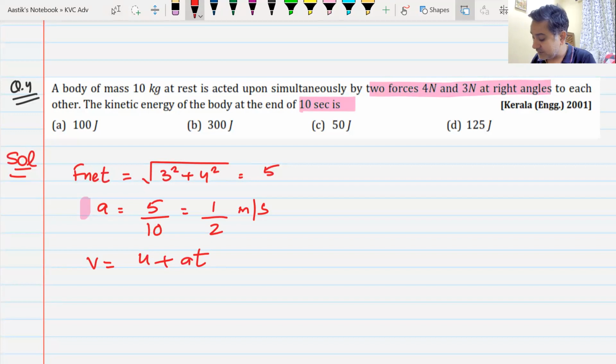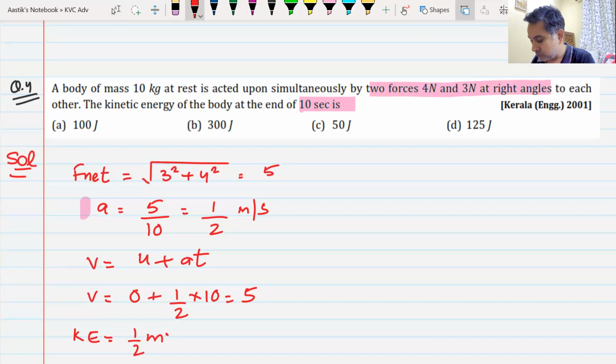After 10 seconds, u is 0, acceleration is half, time is 10 seconds, so the velocity is 5 meter per second. And to find out the kinetic energy, it is half mv square. You will get your answer. Was it such a difficult question that it would have taken so long? That is one way of doing it.